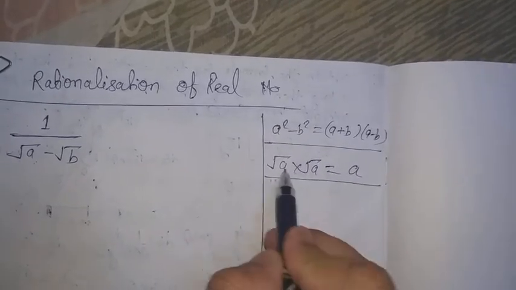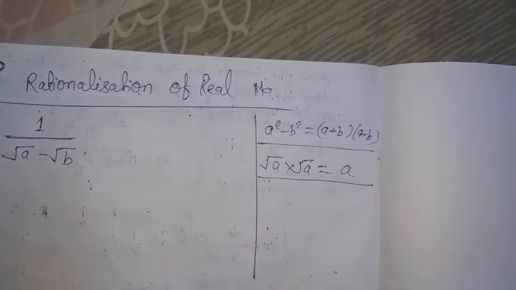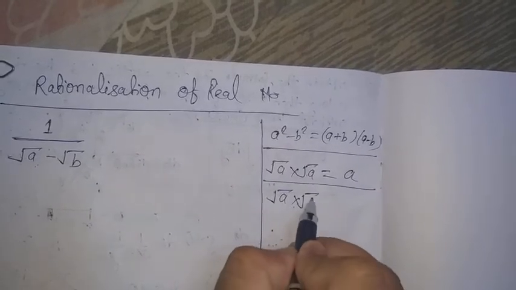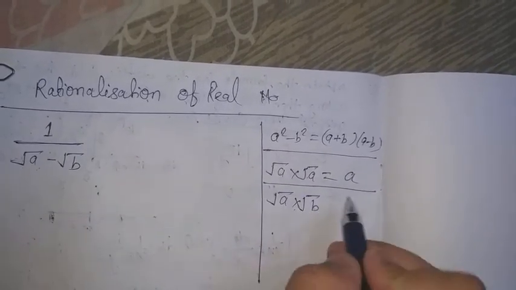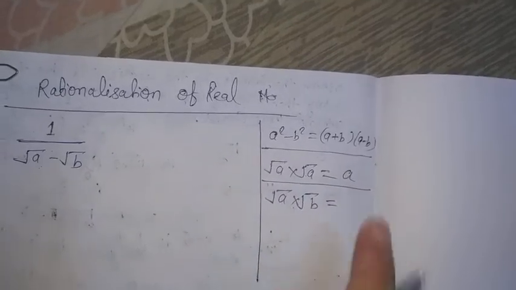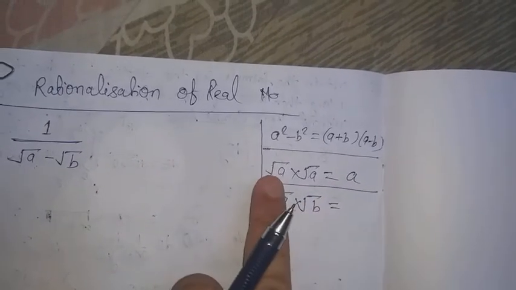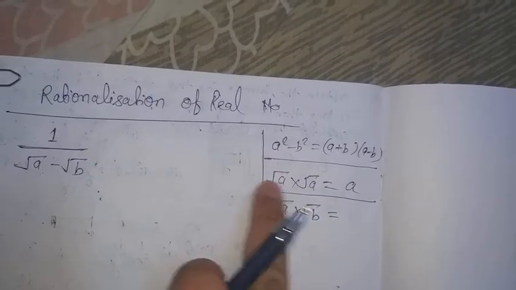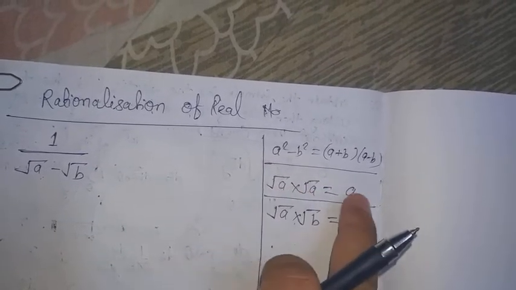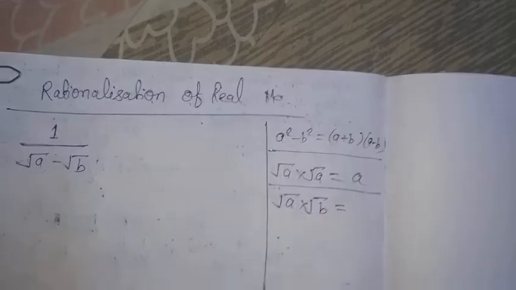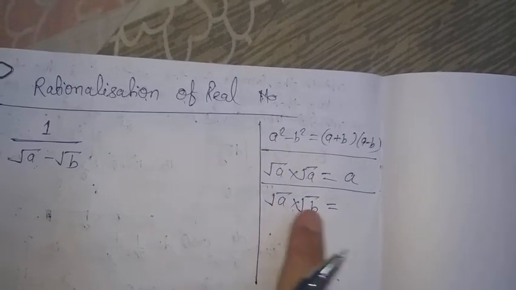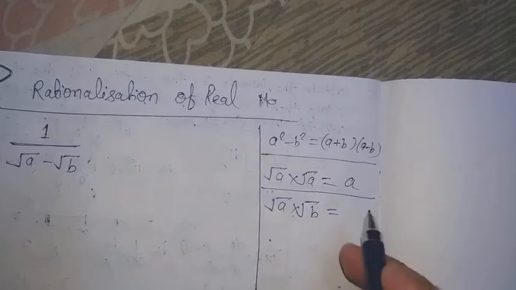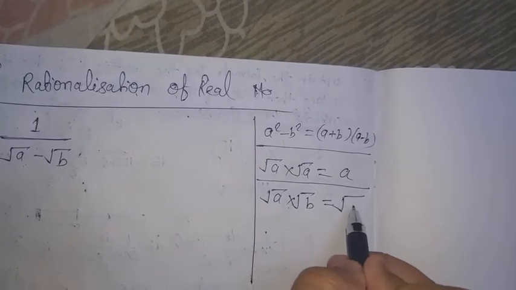Just remember this: root a into root a equals a. If the numbers are different, root a into root b, then the root will not disappear. If the same number has a root and they are multiplied, the root will disappear. If different numbers are under a root, then after multiplication the root will not disappear.